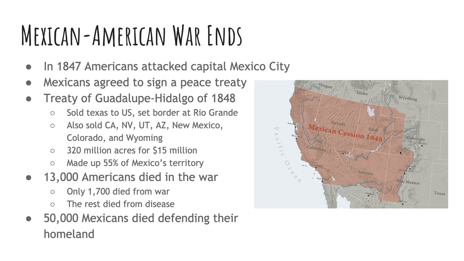It was unexplored. So there was a lot of disease that happened during this time that killed most of the Americans. Another unfortunate event was that 50,000 Mexicans died trying to defend their homeland, and eventually they lost most of their land for their country.